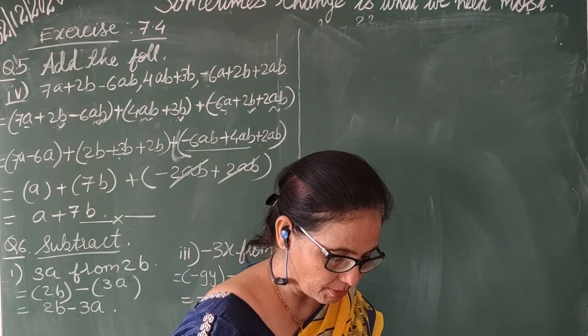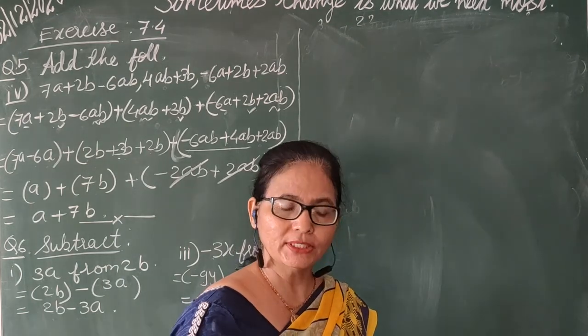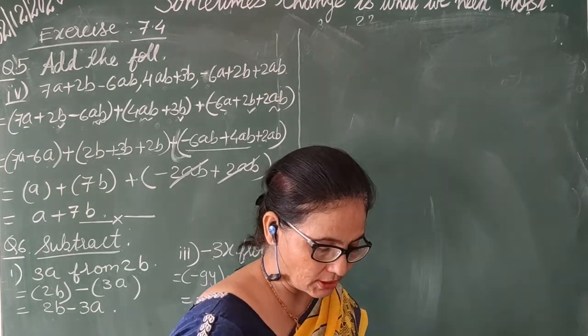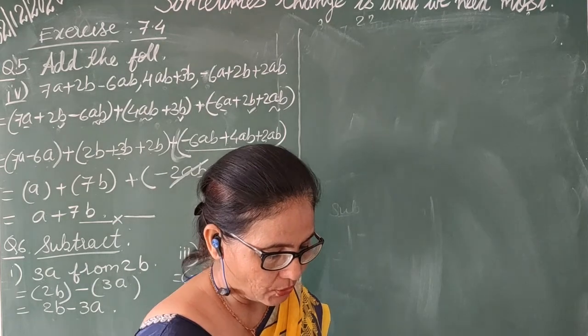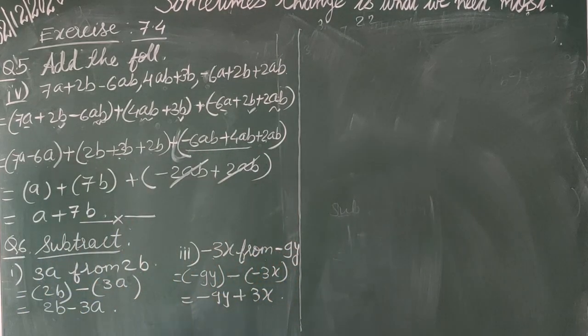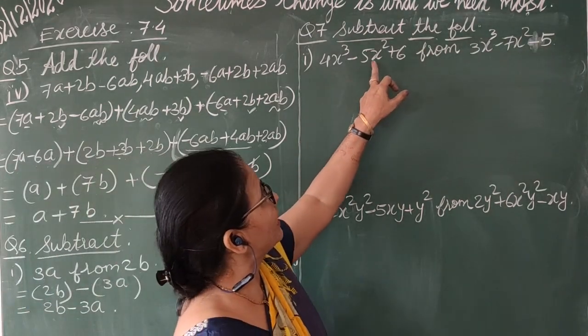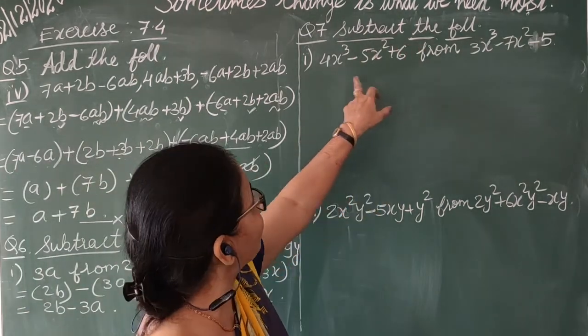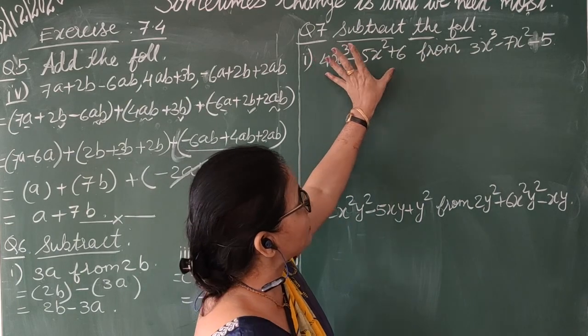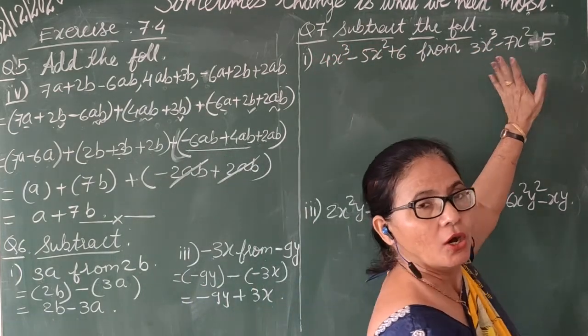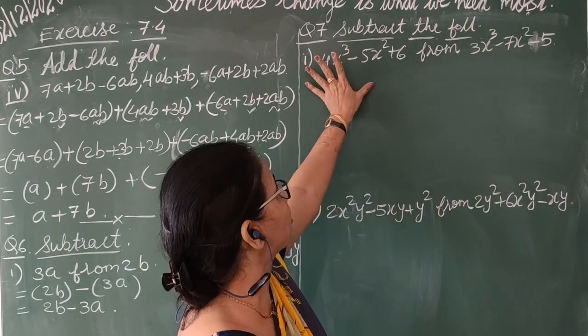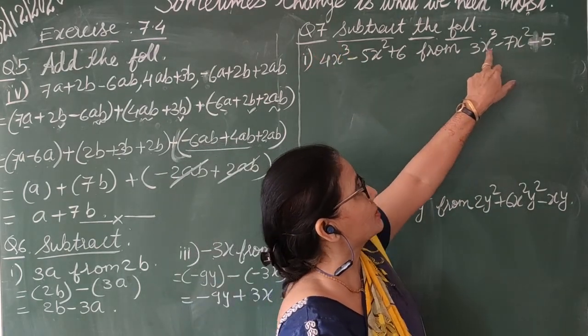Now let's see question number 7. The heading is subtract the following. Again you have to subtract this expression from this expression, or you can say you have to subtract the first expression from the second expression.